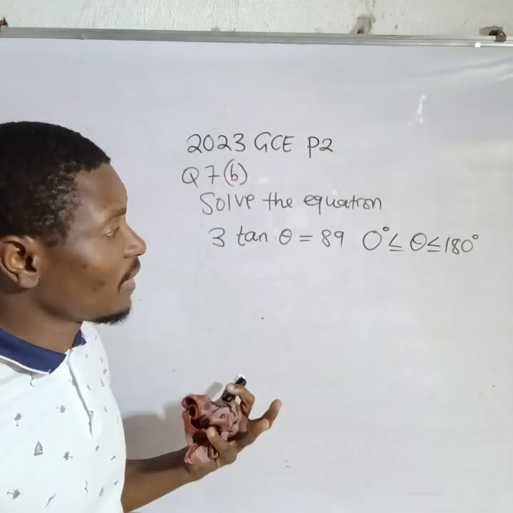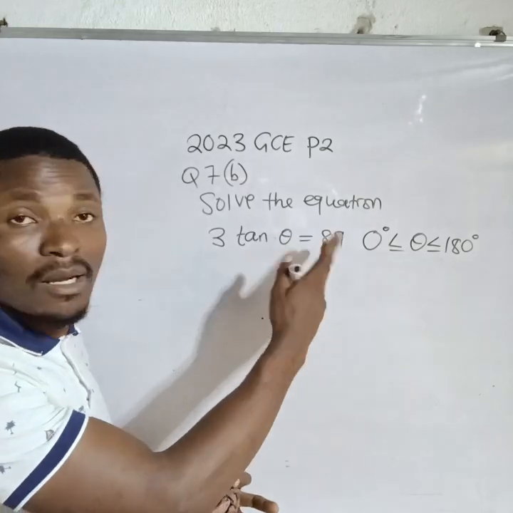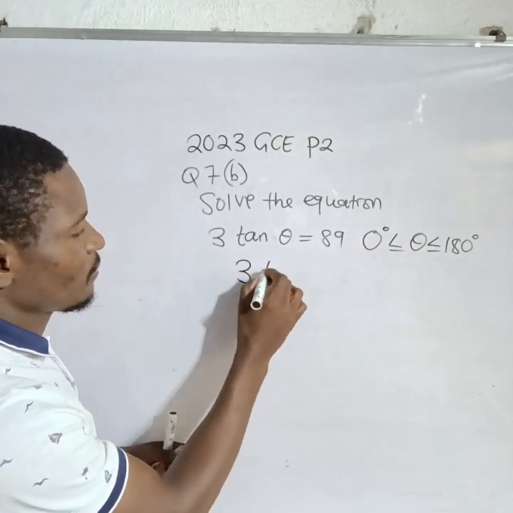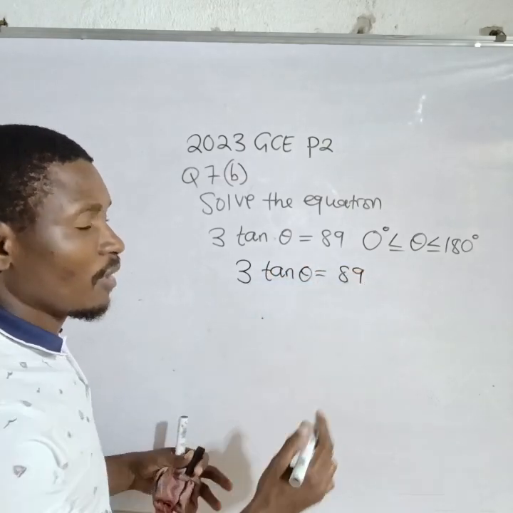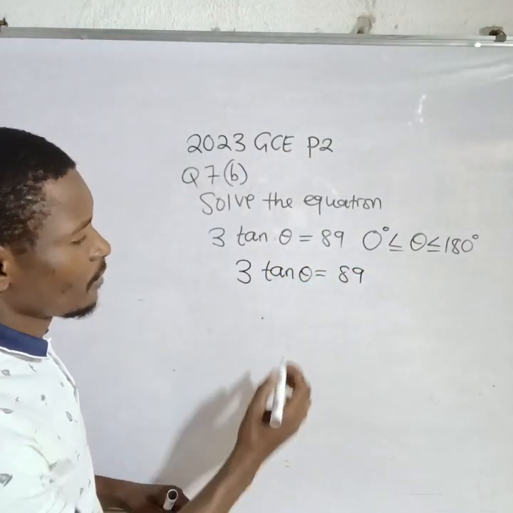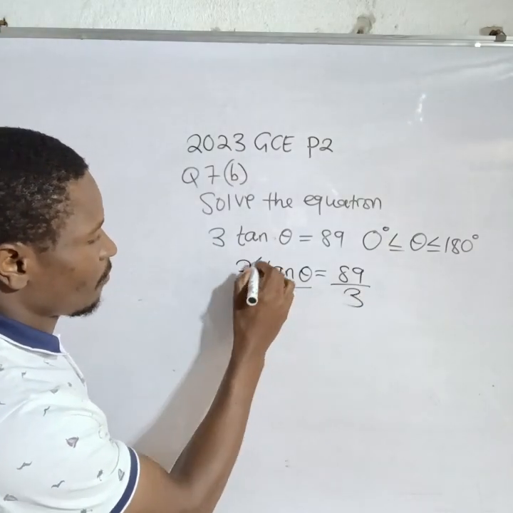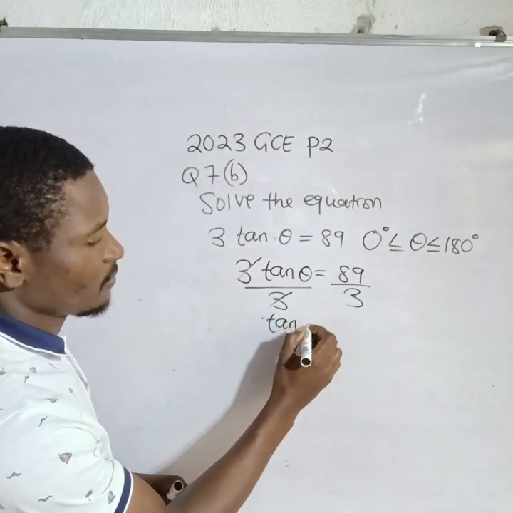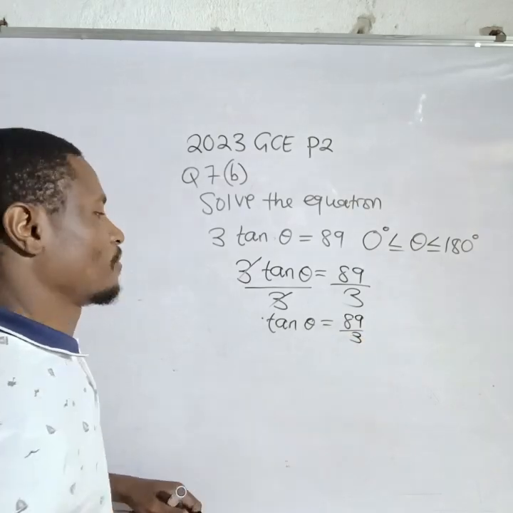Now, because we are dealing with trigonometry, this is the reason why you are seeing tan and theta. So we have 3 tan theta equals 89. All I have to do is divide both sides by 3, and then I'll have tan theta equals 89 over 3.